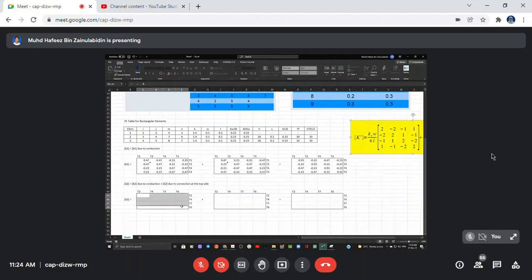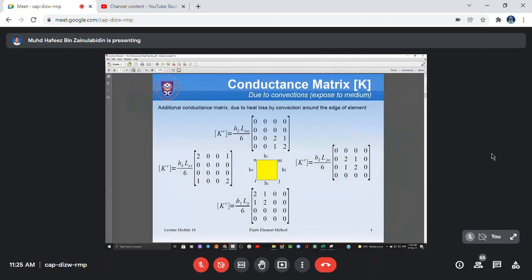We can just use this value. The difference is only the label: this one is T1, T2, T4, T3, here is T2, T4, T7 and T6.